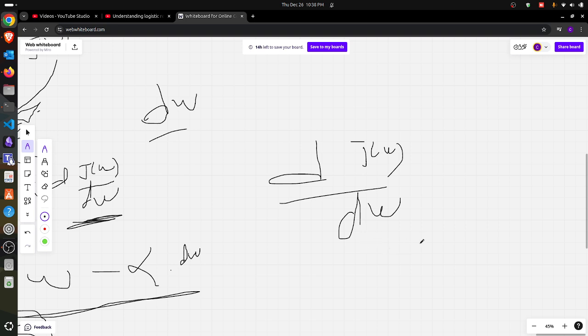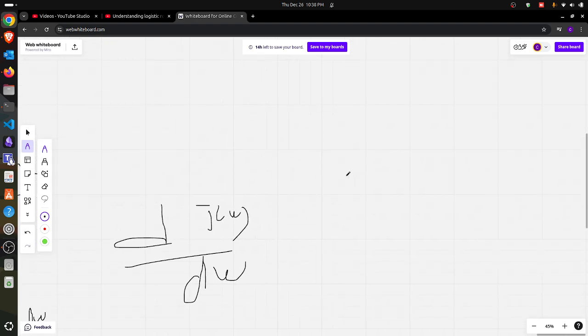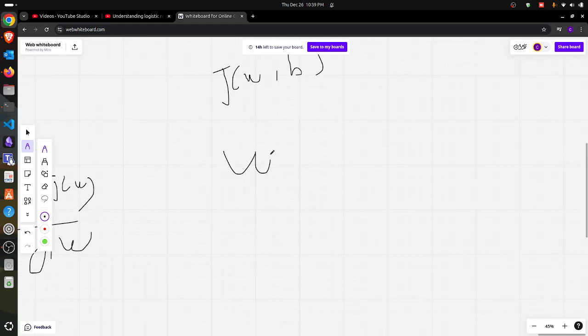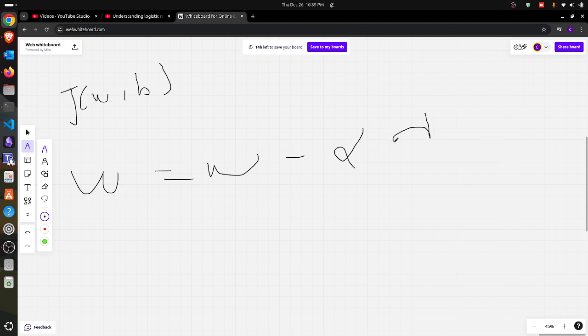In logistic regression, our cost function is J of w and b in this case. So w is going to be w minus learning rate into our cost function and the rate that it changes.